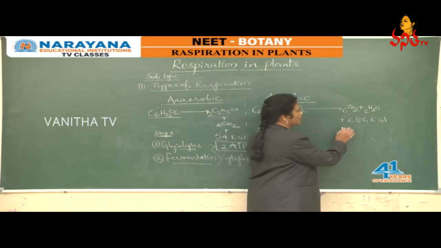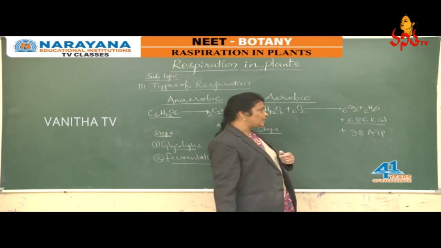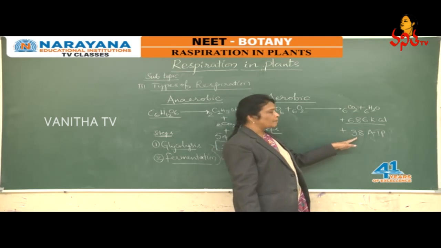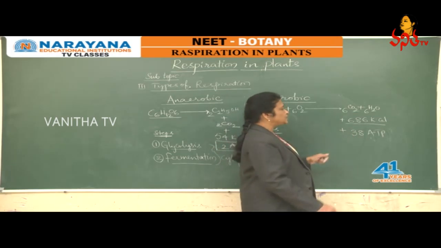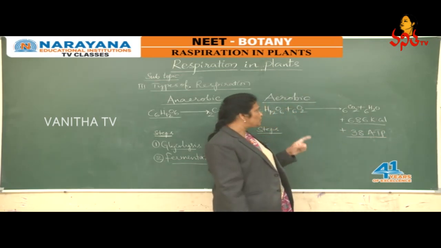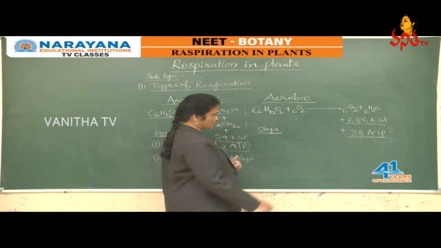Here we can calculate, and finally we get 38 ATP as net gain. Only a certain amount of energy is packed in the available form, that is ATP, and we can follow that the net gain of ATP for one glucose in aerobic respiration is 38 ATP molecules. Okay.